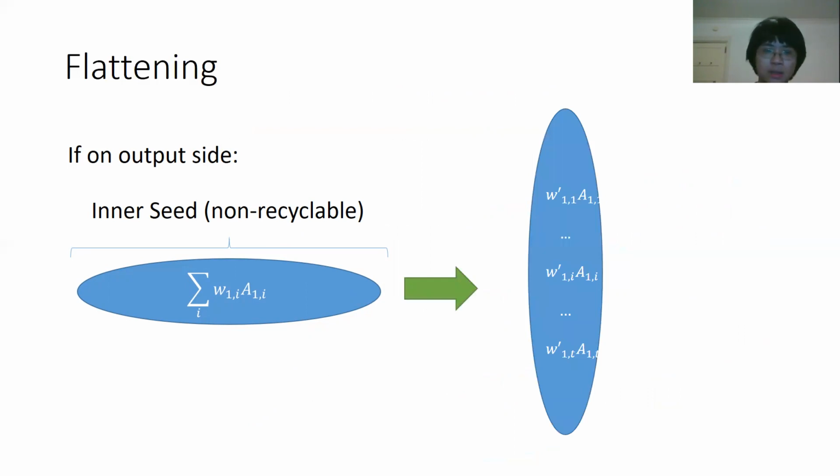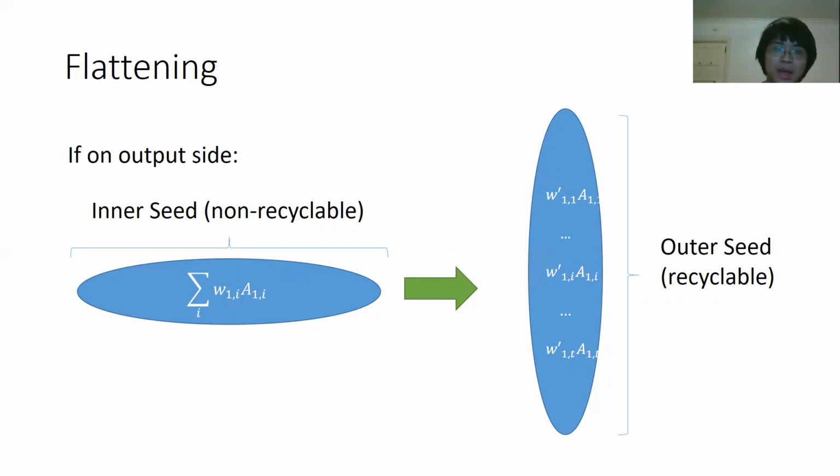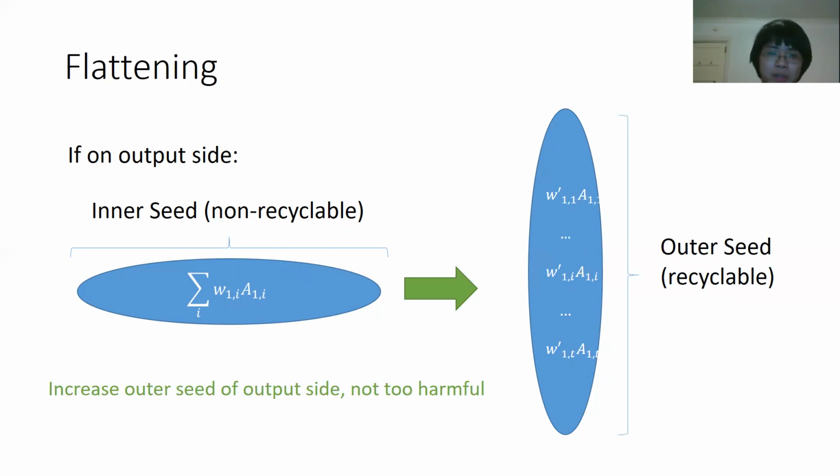For example, if in a node there are K matrices to implement the matrix inside this node, we flatten it into K separate nodes, so that the inner seed now becomes the outer seed, which is recyclable. Although this flattening trick increases the outer seed, because we only apply this on the output side, it is not too harmful, because the output side always has a shorter seed length.